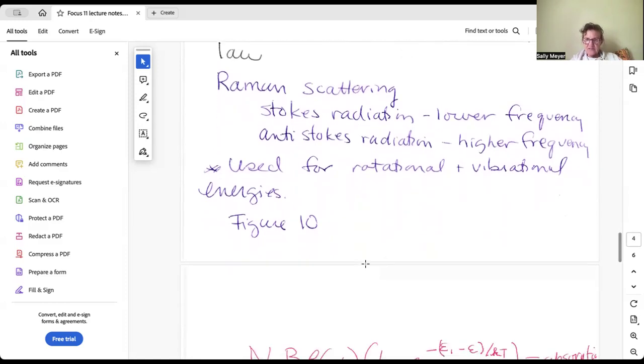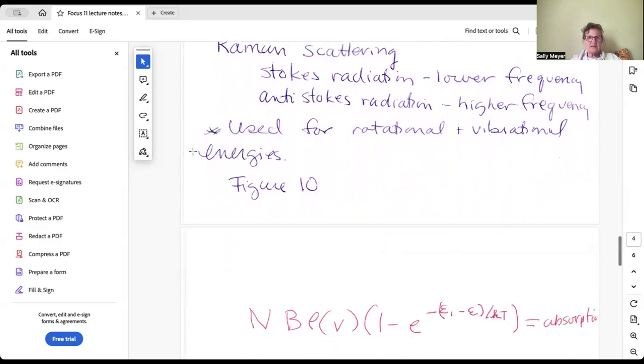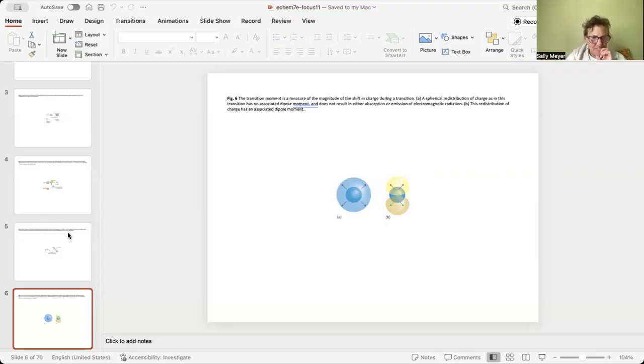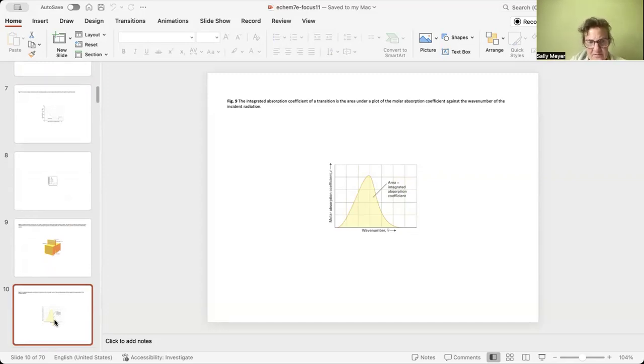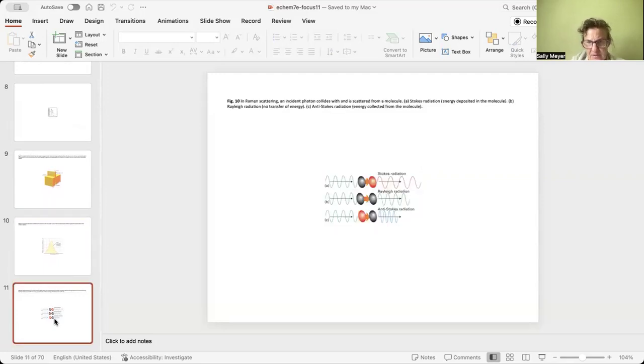So look at figure 10. Let's see what figure 10 is. Oh, this is 10.